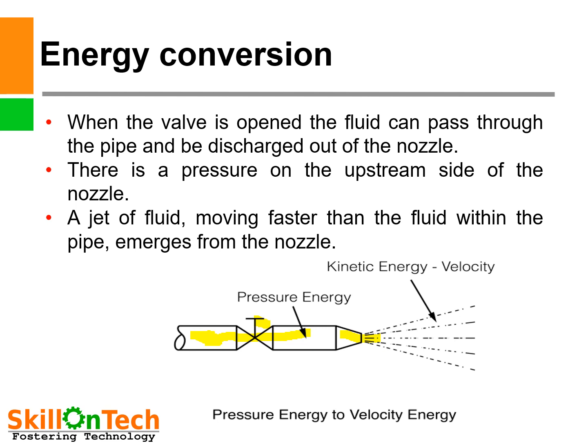A jet of fluid moving faster than the fluid within the pipe emerges from the nozzle. So here the velocity of this jet is faster than the velocity in the pipe.